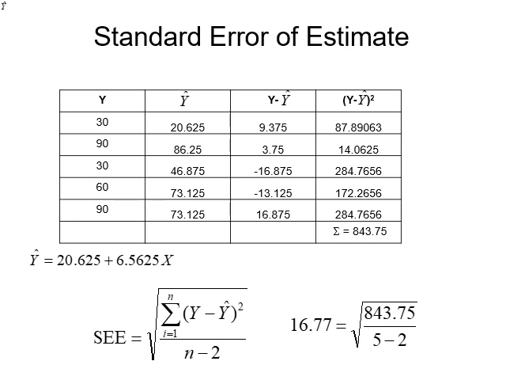Now again, we had 5 total participants, so our n was 5. 5 minus 2 is 3. We're going to take 843.75 divided by 3, and finally, we're going to take the square root of that number. It turns out to be 16.77, which now tells us that on average, if we predict someone to have a score, their score is very likely to fall within the range of that prediction plus or minus 16.77.